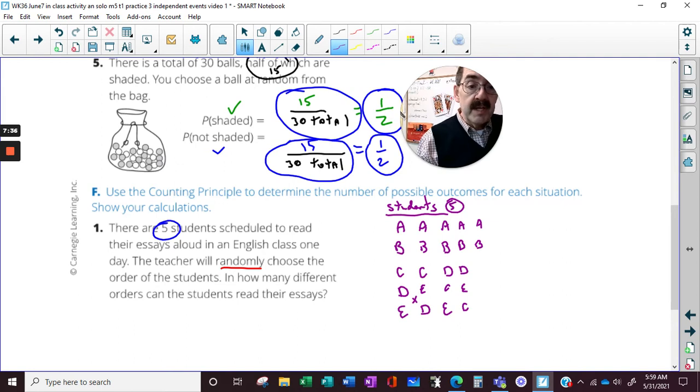A, B, D. Okay, so now the D has to go to the B. Can you guys start to see the pattern?